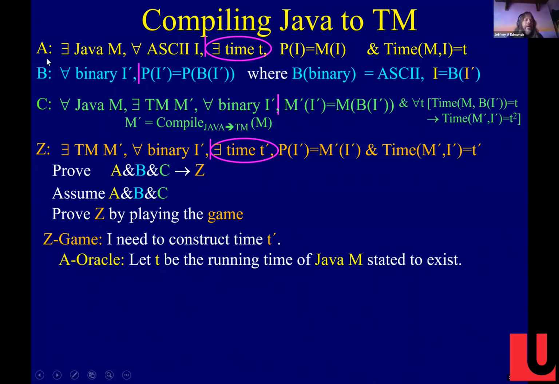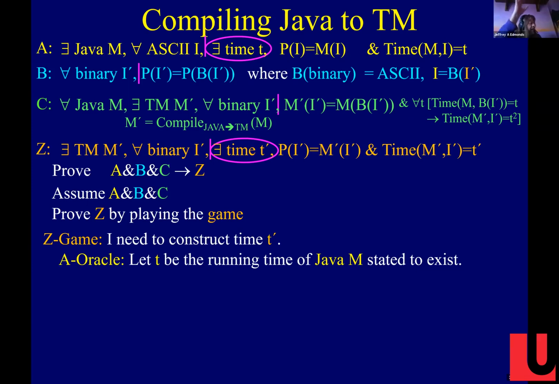So I go up to A, and I say, A, you gave me a Java program. I gave you an ASCII string. You're promising me that there exists some time that the Java program takes on that ASCII string. Could you give that to me? And she says, great, no problem.